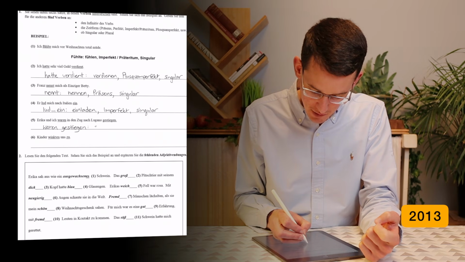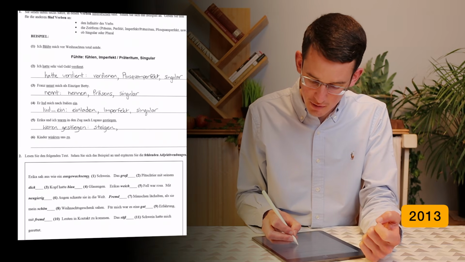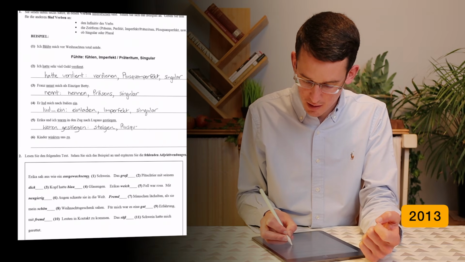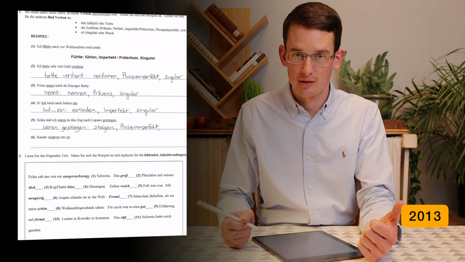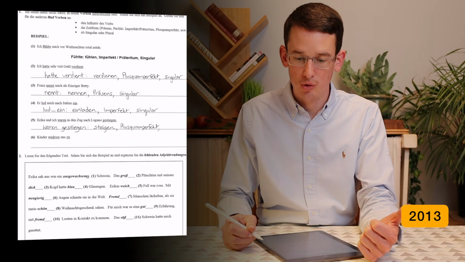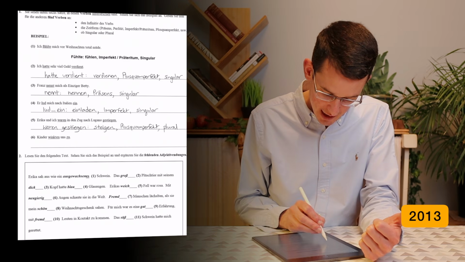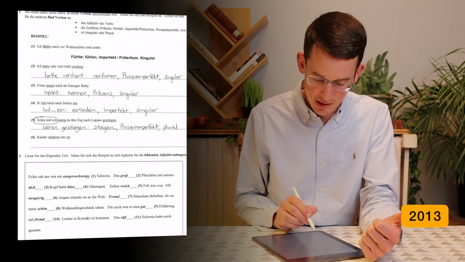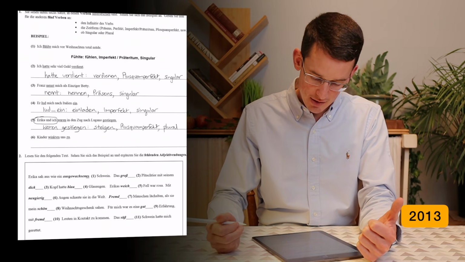So again, the verb is steigen, but it's not the perfect, it's the Plusquamperfekt. So this was a challenging question with two Plusquamperfekt verbs in it. You really needed to know your pluperfect tense. And of course this time it's the plural because it's not just ich, it's Erika und ich, and you can see the waren there as well.